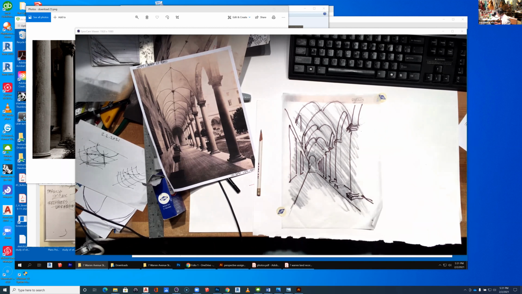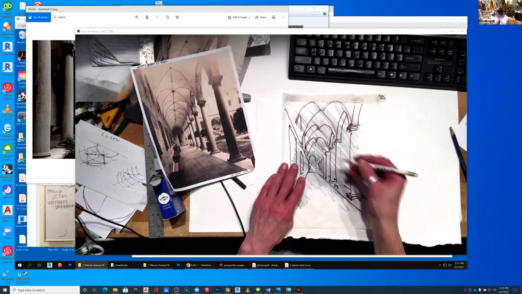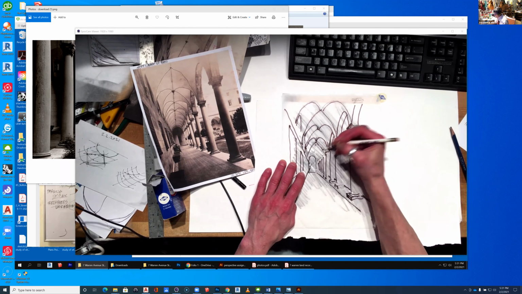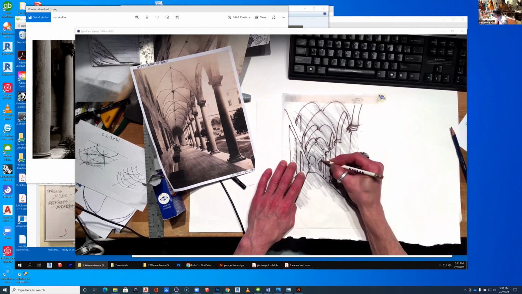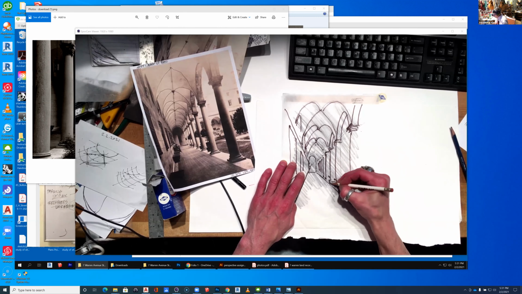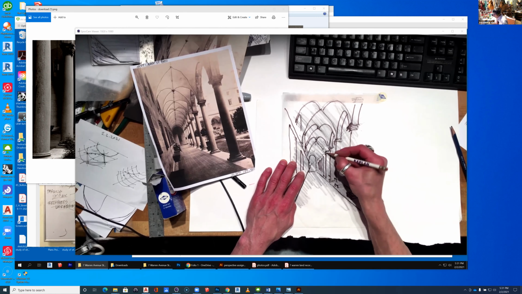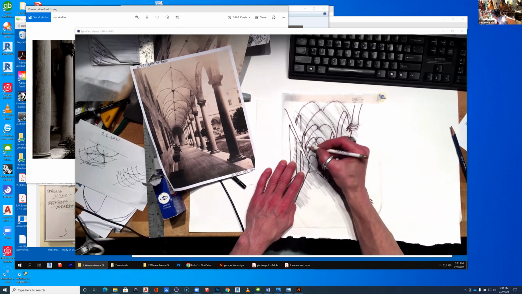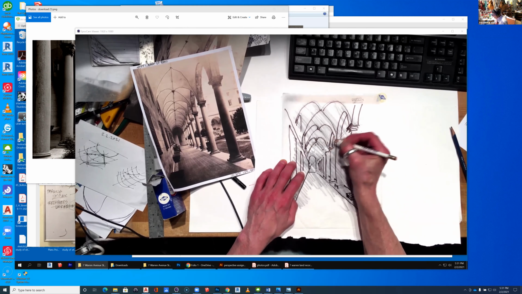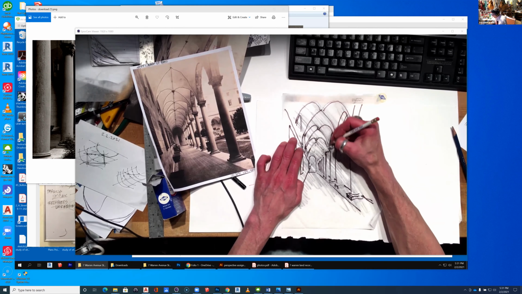You could use a ballpoint pen. I need something a little bit sharper. Let's see that one. Sometimes students use a ballpoint pen.